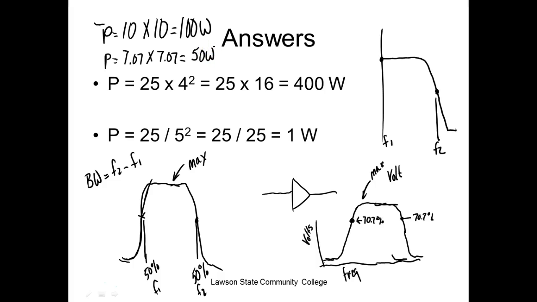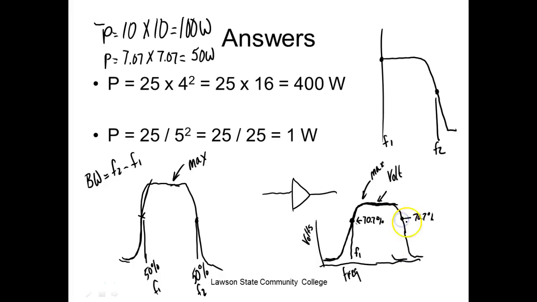It's actually the reciprocal of the square root of 2. We say 0.707, and we use that a lot. So I measure my voltage, and first I find the maximum voltage. Once I find the maximum voltage, I'll start dropping the frequency down, and when it drops to 70.7%, I would call this F1.